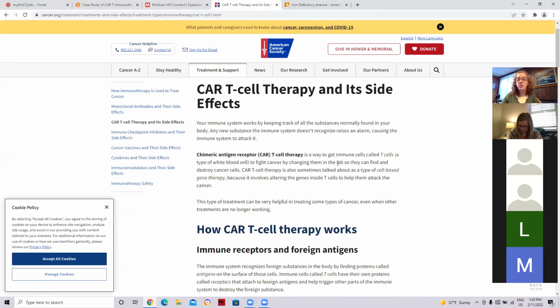So CAR therapy is a way to get immune cells called T cells, a type of white blood cell, to fight cancer by changing them in the lab so that they can find and destroy cancer cells. CAR T cell therapy is also sometimes talked about as a type of cell-based gene therapy because it involves altering the genes inside someone's T cells to help them attack the cancer.